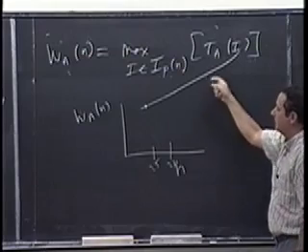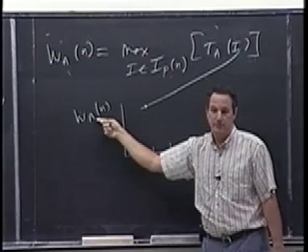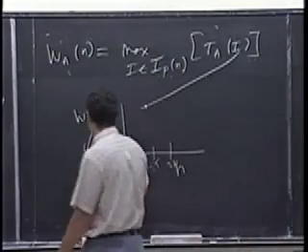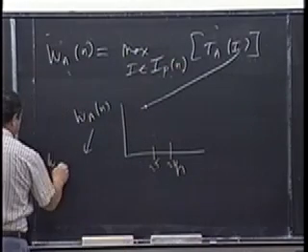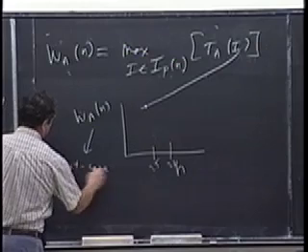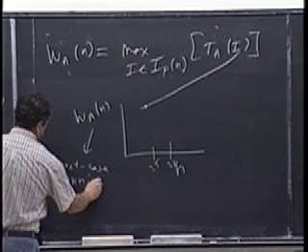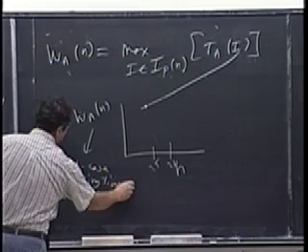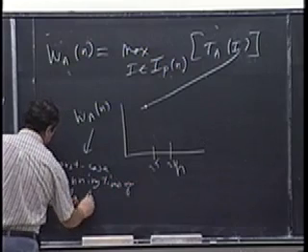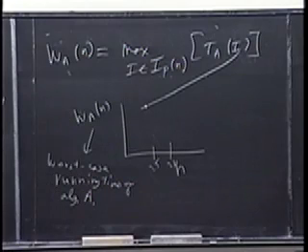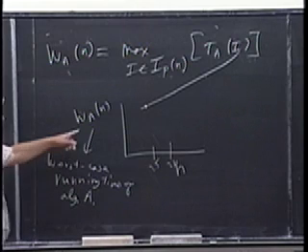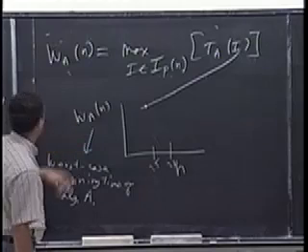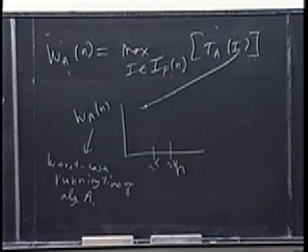And this function here is W_A(n). And this function is just loosely referred to as the worst case running time or worst case behavior of algorithm A. And what's implicit when we just talk about the worst case running time is that we've decided on what the primitive operations are, and we've decided on what the size means.